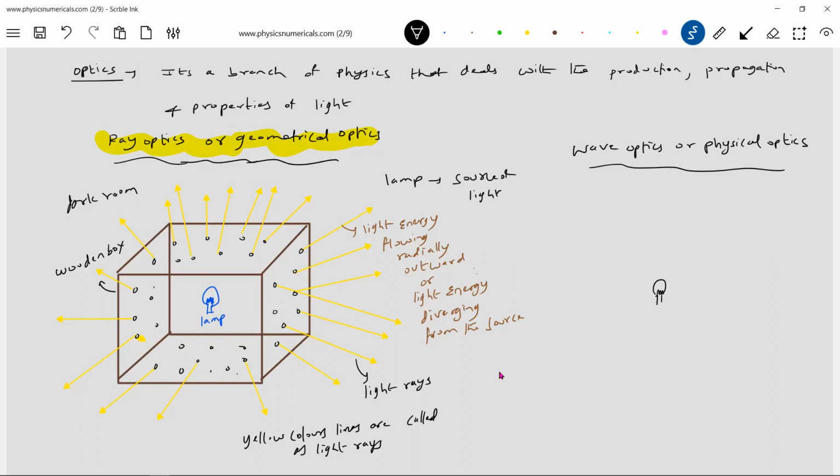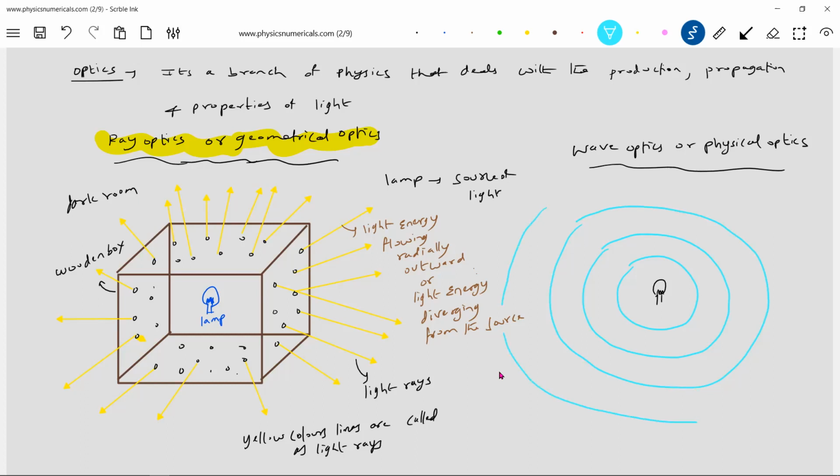Here I'm going to bring in blue color concentric circles.